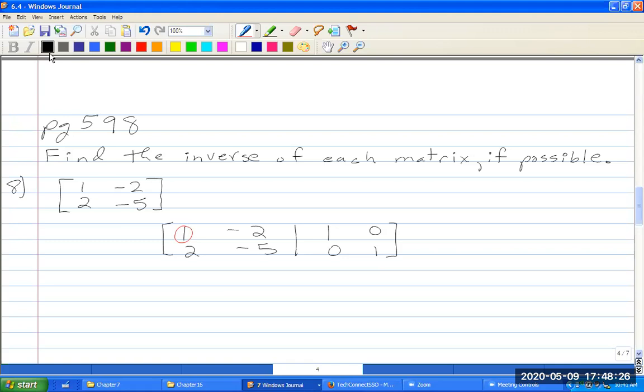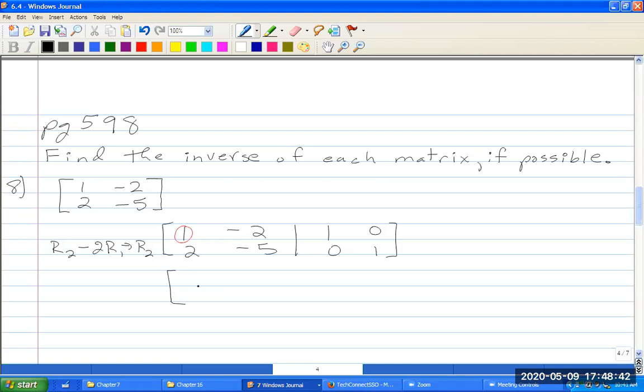Let's pivot. Let's take the second row, subtract from it 2 times the first row to get me a new second row.